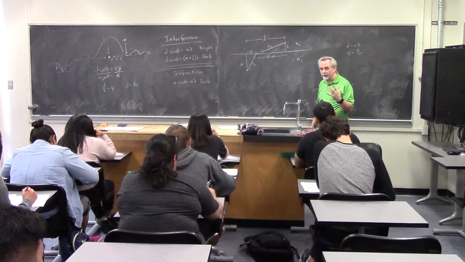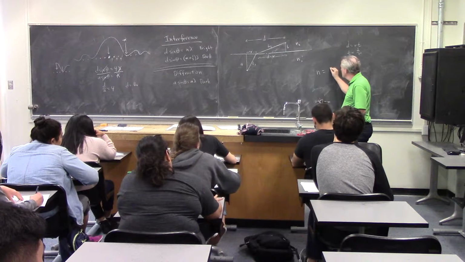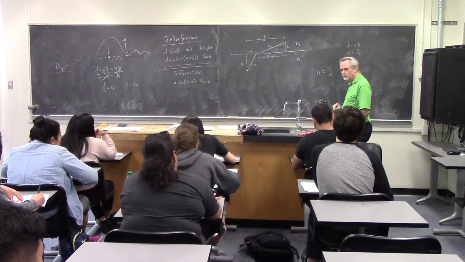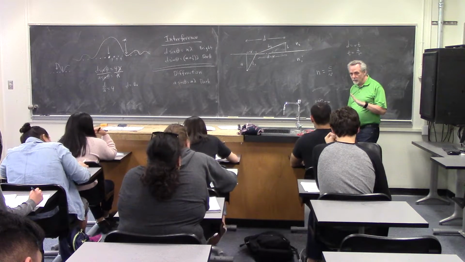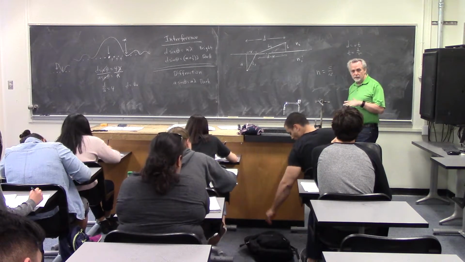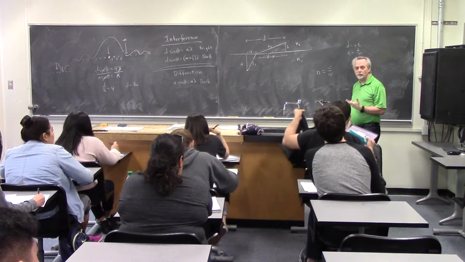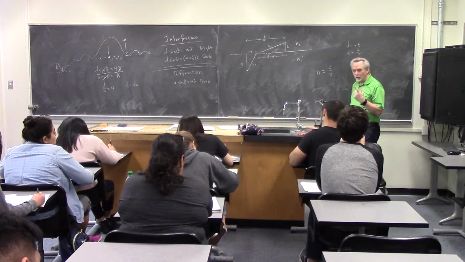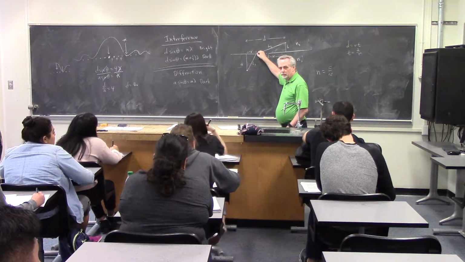Does everybody agree to that? What's the definition of n? C over v. So v equals c over n. I don't want this to be magic. This is the definition of n, so if I just switch those places, I get that v is c over n.